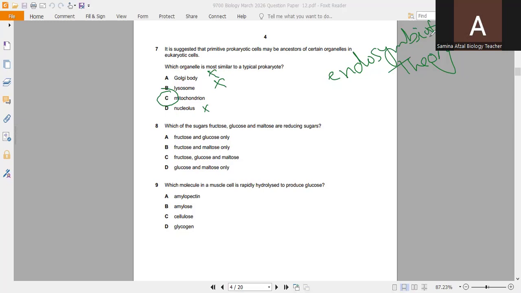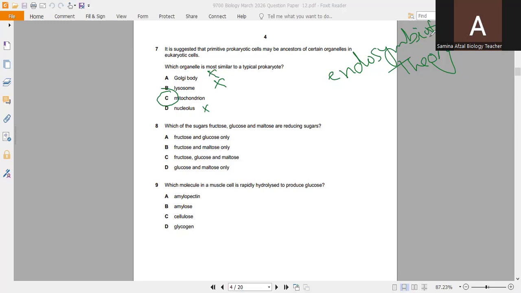Now question number 8. Which of the sugars, fructose, glucose, and maltose, are reducing sugars? You know that monosaccharides, including both glucose and fructose, are reducing sugars. They have a free aldehyde or ketone group capable of reacting with Benedict's solution.